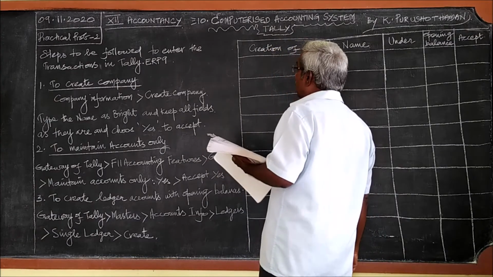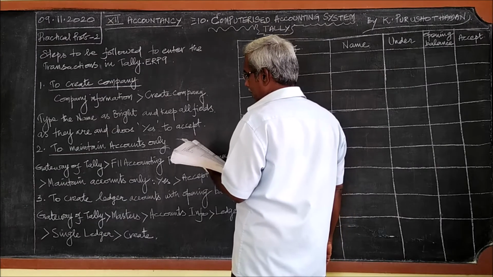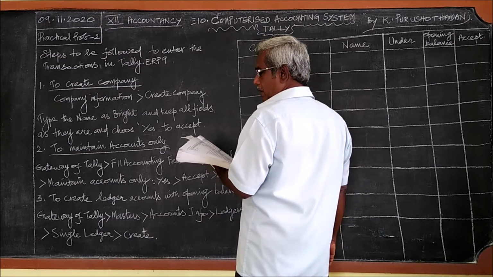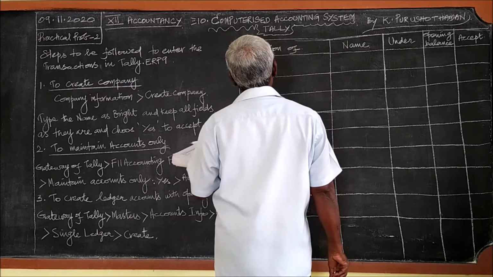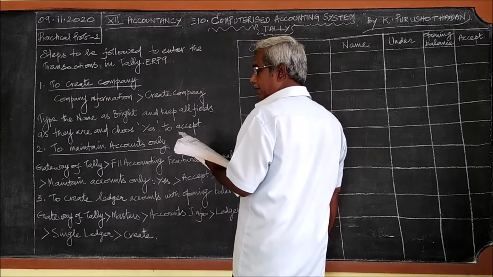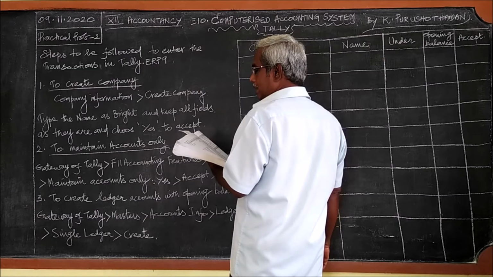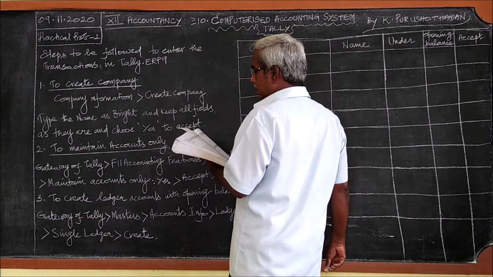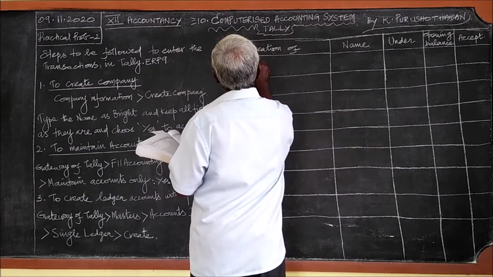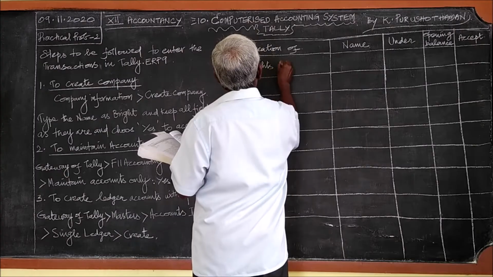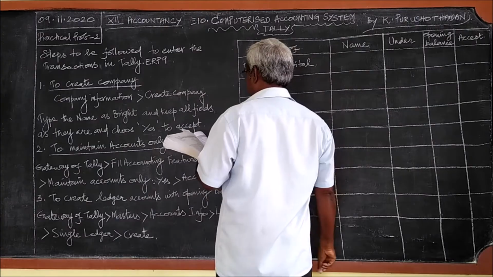Now we can write one by one, starting from liabilities. The first item given in liabilities is capital. Whose capital it is? It is Bright's capital. Therefore, we should create first the creation of Bright's capital account. What is the name?